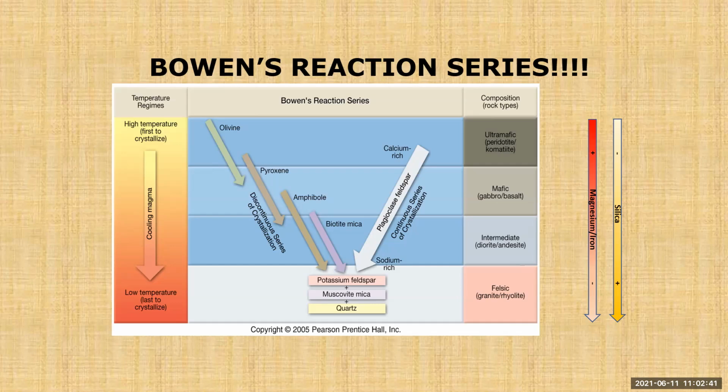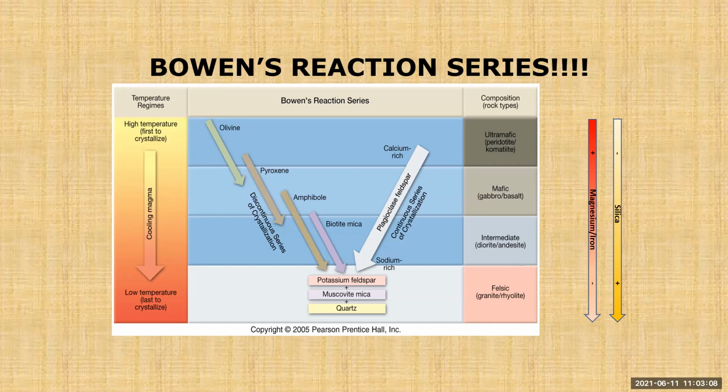The only difference between these 2 rocks is their texture. And so in each of these rows, under each of these chemical composition cells, intermediate, mafic, and ultramafic, you see both the intrusive and the extrusive equivalents of each other. So diorite, intrusive; andesite, extrusive; gabbro, intrusive; basalt, extrusive; peridotite, intrusive; komatiite, extrusive.